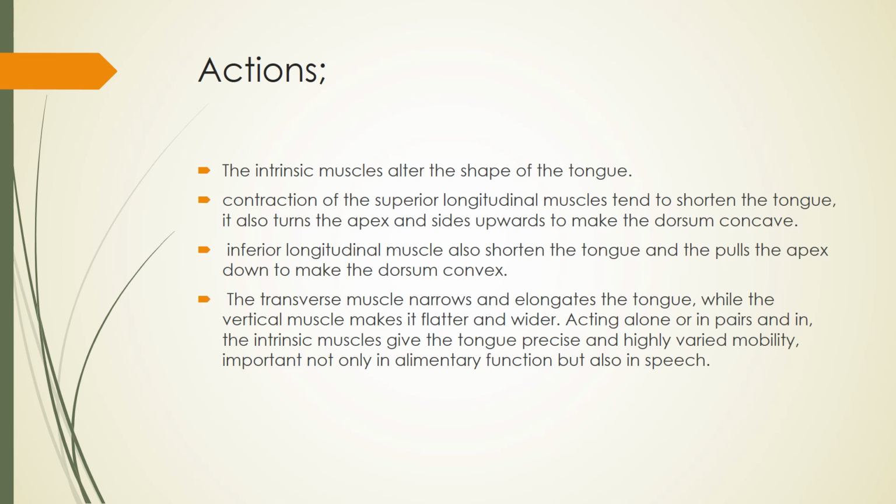Contraction of superior and inferior longitudinal muscles shortens the tongue, while the superior longitudinal muscle, when it contracts, makes the dorsum concave, while the inferior longitudinal muscle makes it convex. The transverse muscle, when it contracts, makes the tongue narrow and elongated, while the vertical muscle makes it flatter and wider. So all the intrinsic muscles actually alter the shape of the tongue.